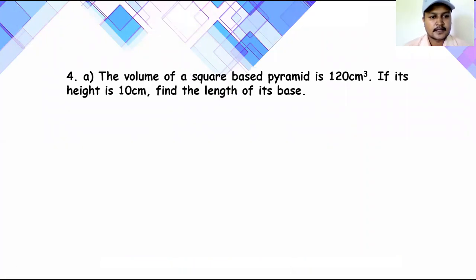Question number 4A. The volume of square based pyramid is 120 cubic centimeter. If its height is 10 centimeter, find length of its base.